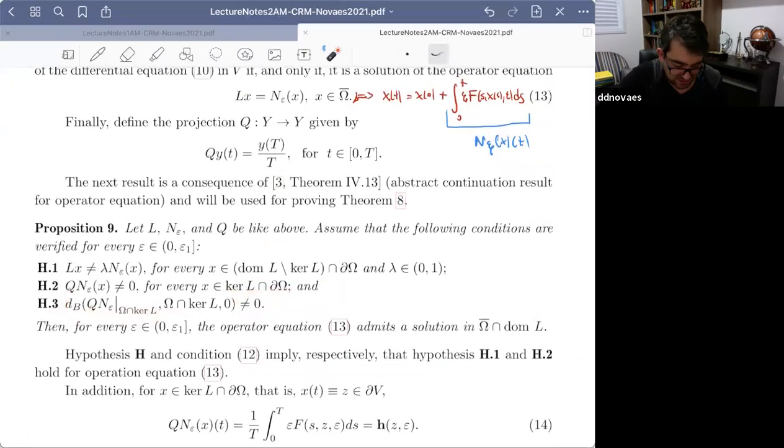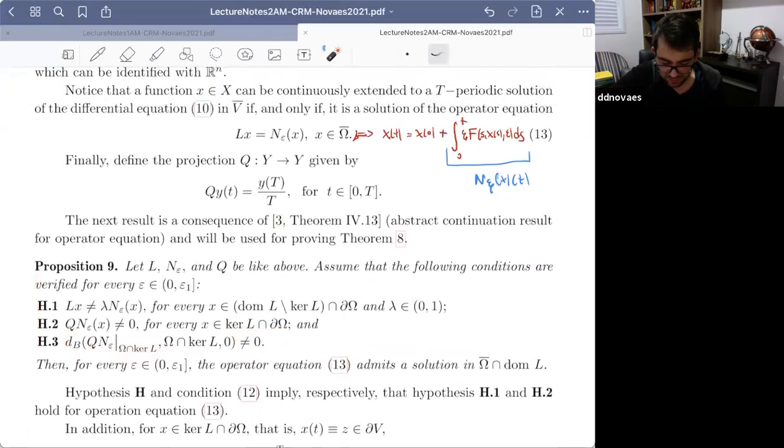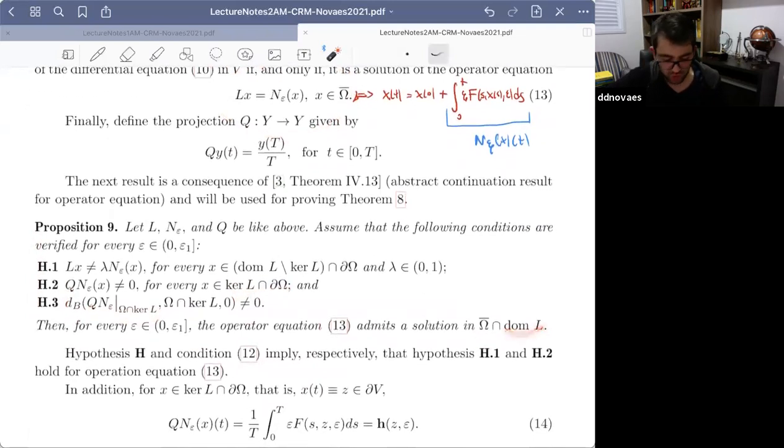Okay, so under these three hypotheses, the operator equation 13 admits a solution in the closure of omega intersected with the domain of L.